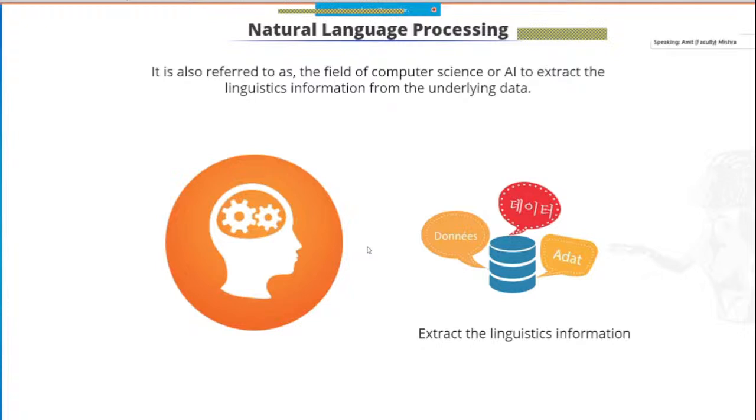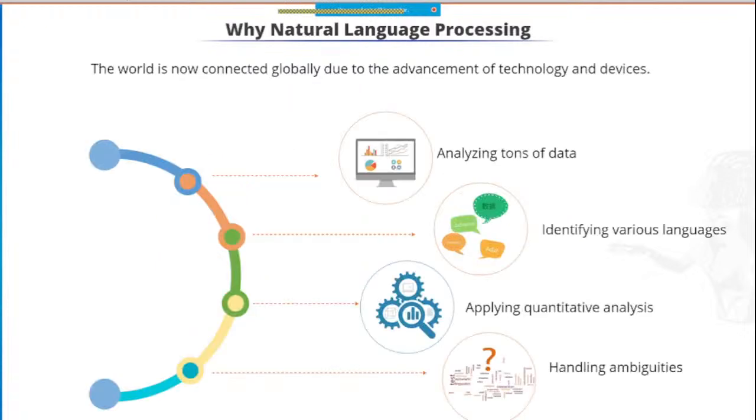Natural language processing is also referred to as a field of computer science or AI to extract linguistic information from the underlying data. Linguistic information is related to the language. So we'll target the language, and we'll extract the information from these various languages. So, extracting the linguistic information.